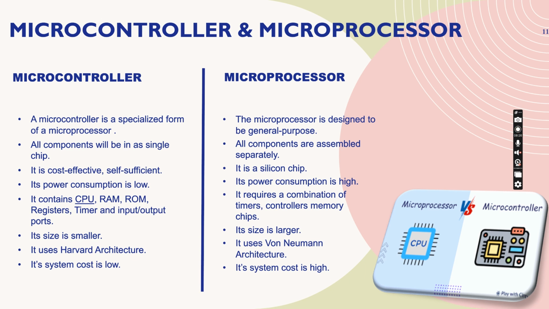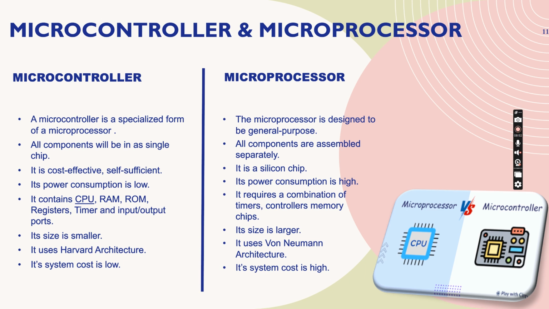A microcontroller is cost effective and self sufficient, and a microprocessor is a silicon chip. Microcontroller power consumption is low, and microprocessor is the opposite, that is, power consumption is high. A microcontroller contains CPU, RAM, ROM, registers, timers, and input output ports, and a microprocessor requires a combination of timers, controllers, and memory chips.